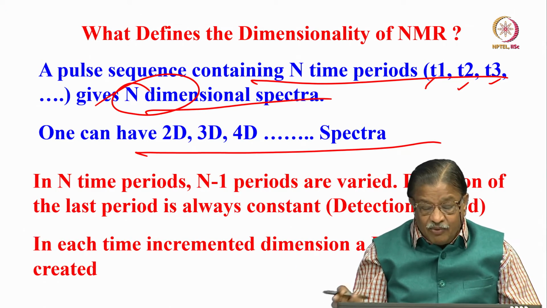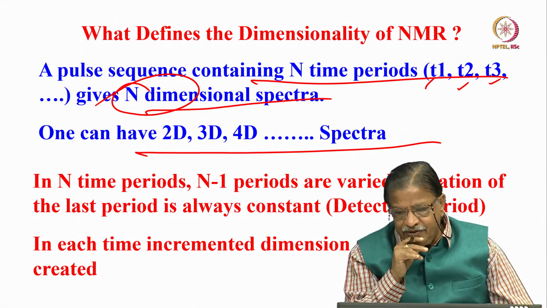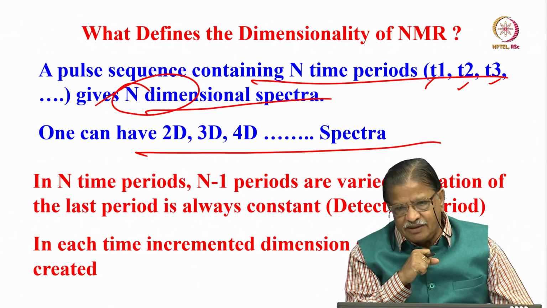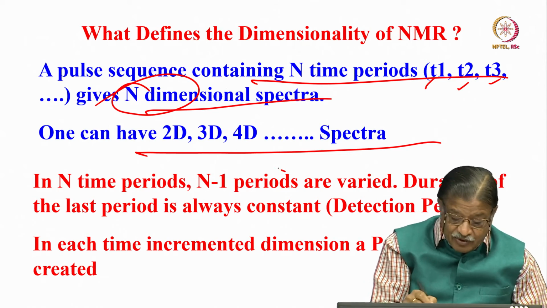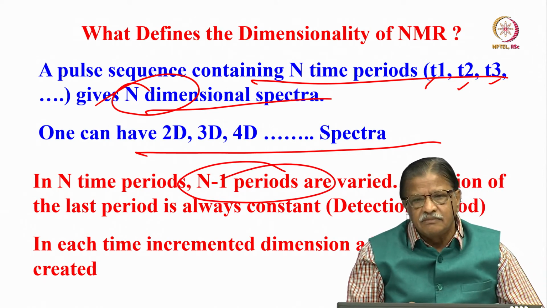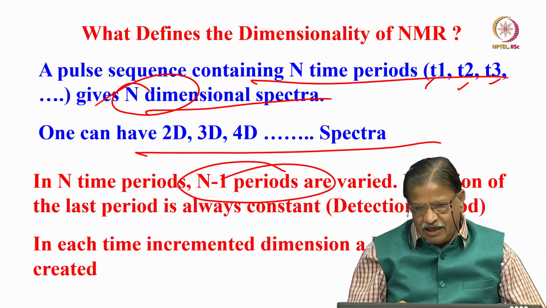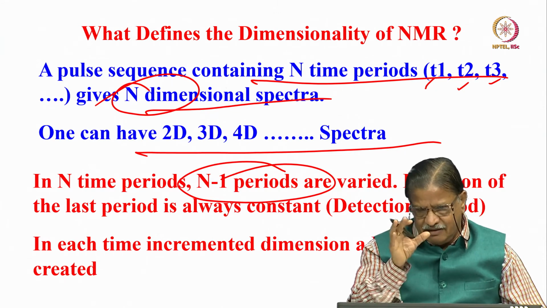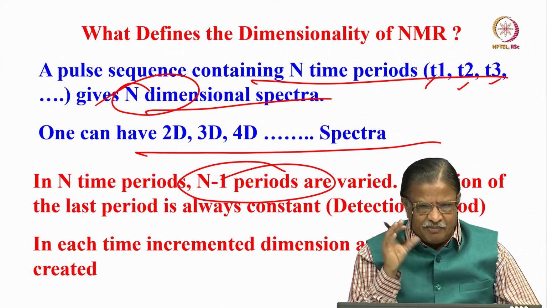Okay. So, another important point you should remember is, if I have n time periods, n-1 time periods are varied generally. Of course, if you want you can keep one of them constant, that is a special experiment.